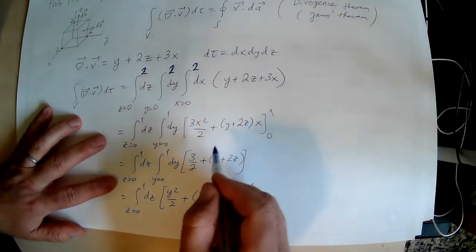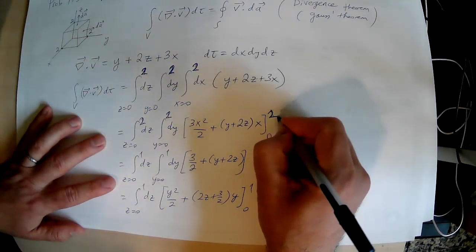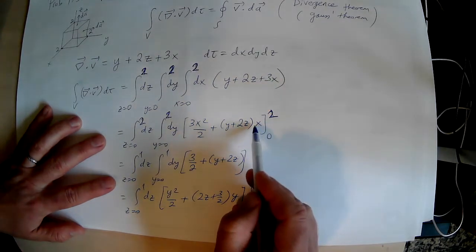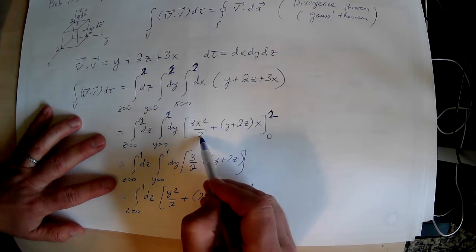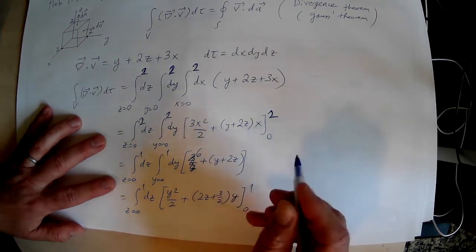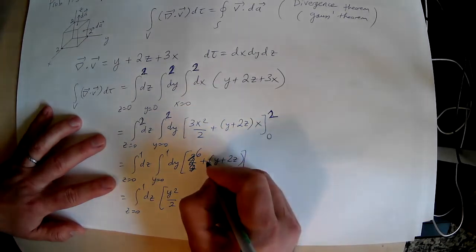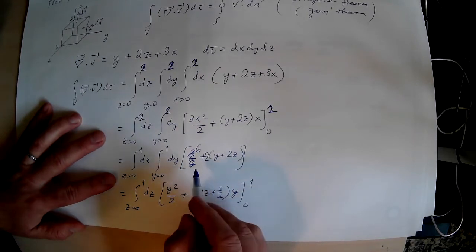So the first thing is, this is going to be evaluated at 2. I'm going to replace every x here by 2. Now 2 squared is 4, 4 over 2 is 2, this is 6. This is going to be 6. And there will be a 2 here because of the x.